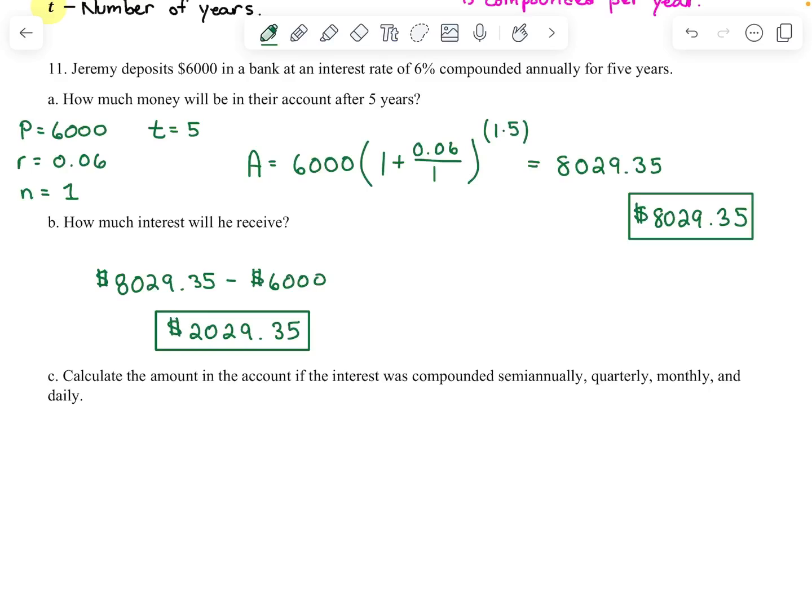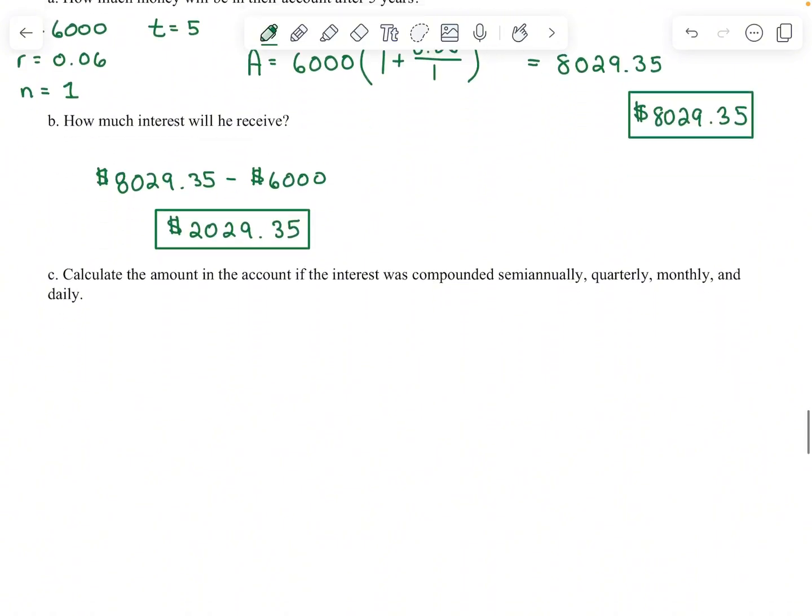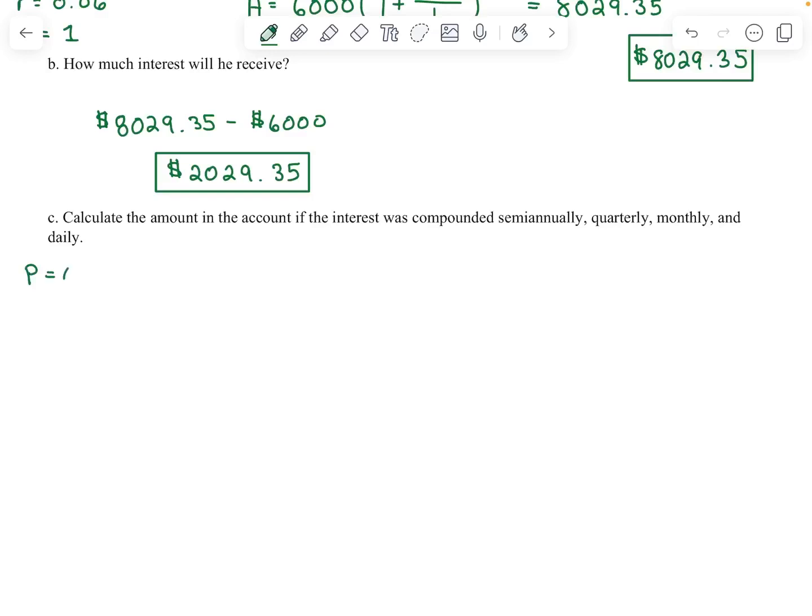Calculate the amount in the account if the interest was compounded semi-annually, quarterly, monthly, and daily. So I'm going to start with the semi-annually. The principal balance is still $6,000. The interest rate is still 6%. But this time, Jeremy is going to earn interest twice a year.